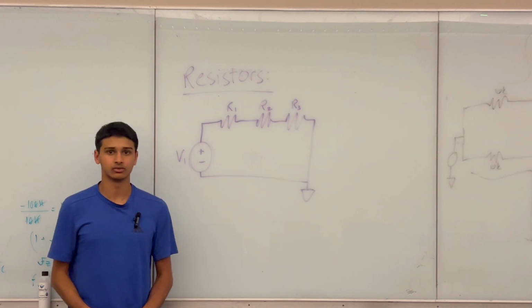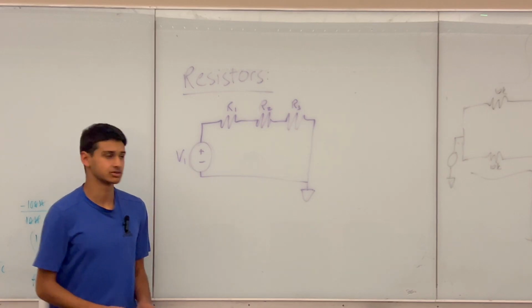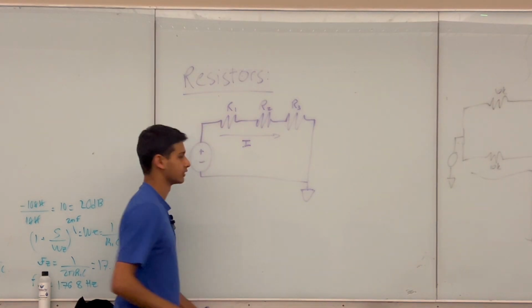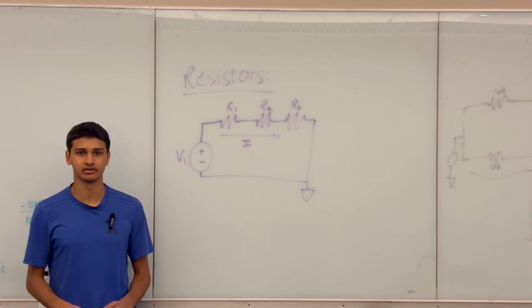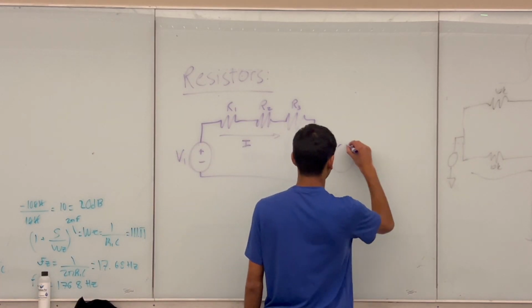So straight away, what you can notice is that the current going through the resistors is the exact same. So I'm going to write that out. And the whole purpose of this experiment is to simplify this down to an equivalent resistance. So I'm going to write that out here.